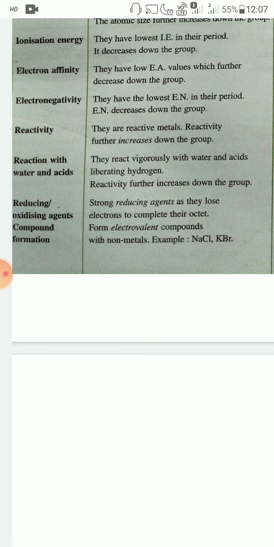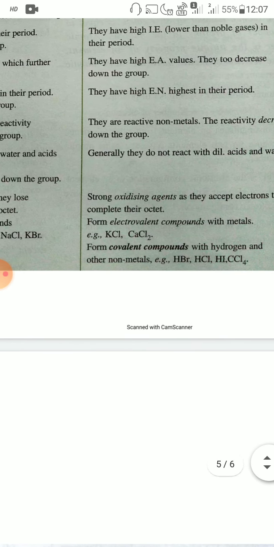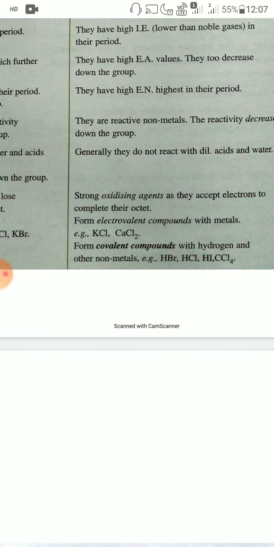Electron affinity: alkali metals have low electron affinity value, which further decreases down the group, and halogens have high electron affinity value, which also decreases down the group.